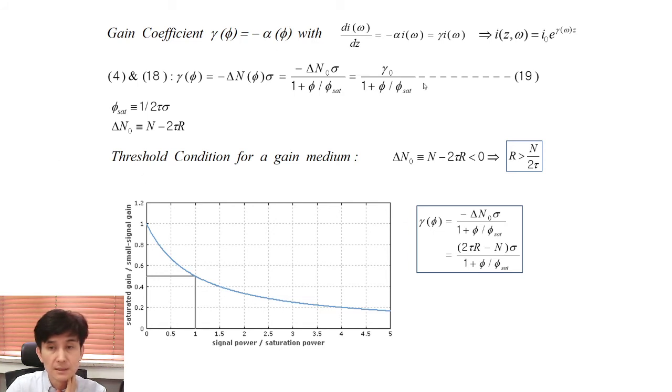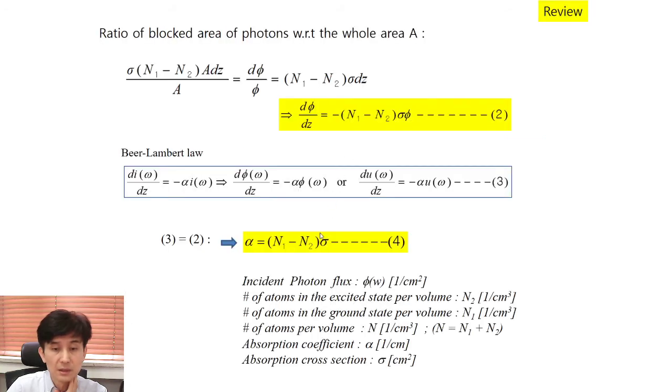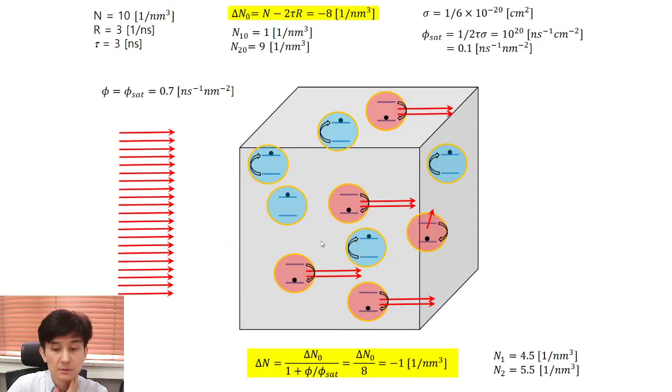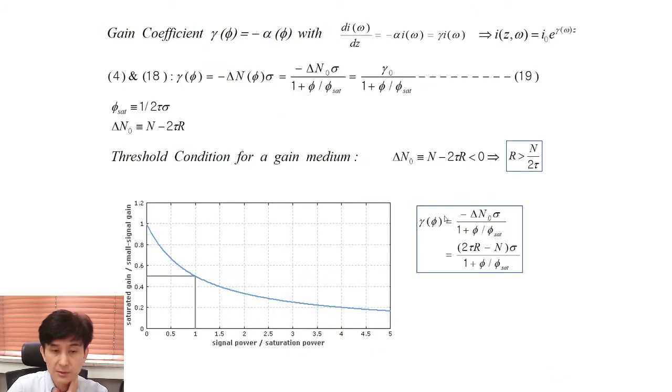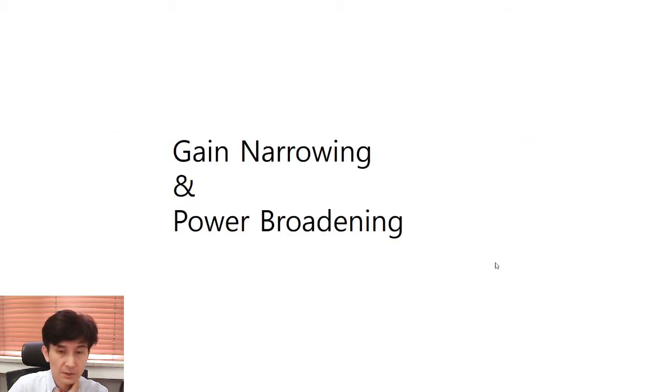So this is the consequence of delta n change, saturation of the population inversion due to the external photon number, and the consequence of that is the absorption saturation due to the amount of the input intensity to the medium, light intensity to the medium.